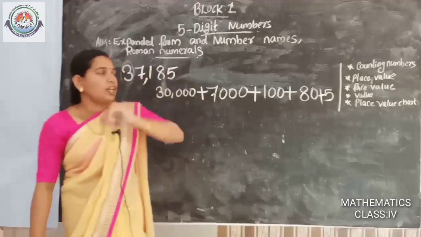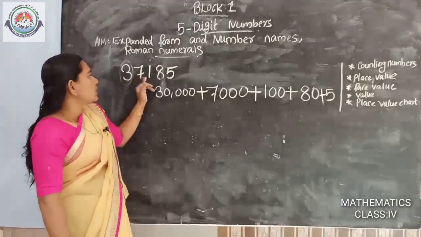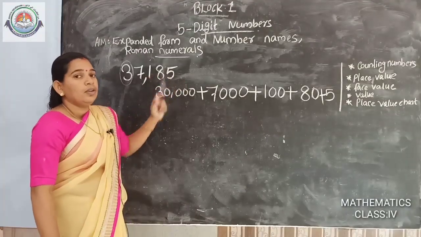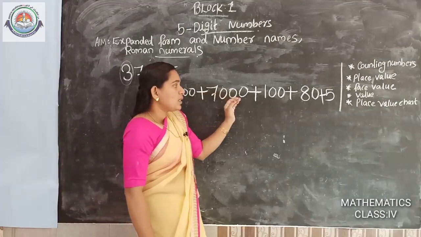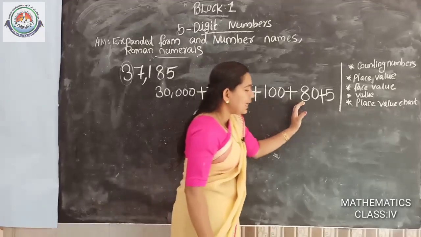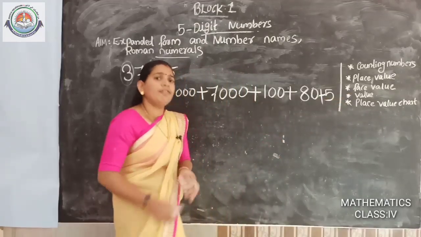So the expanded form of 37,185 is 30,000 plus 7,000 plus 100 plus 80 plus 5. Okay, one more example we will do.